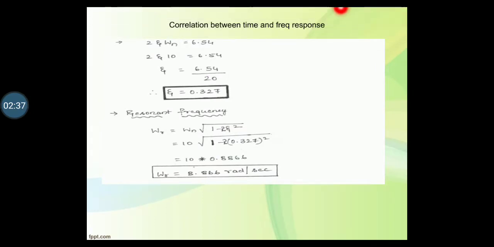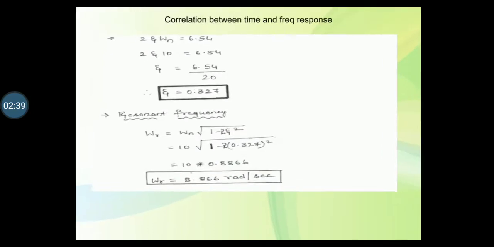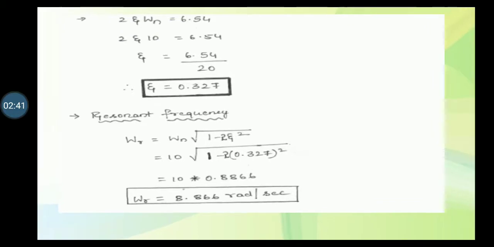So 2ζωn is equal to 6.54. We have ωn as 10, so 2ζ times 10 is equal to 6.54. Due to that, the damping ratio is 6.54 by 20, so the damping ratio is 0.327.